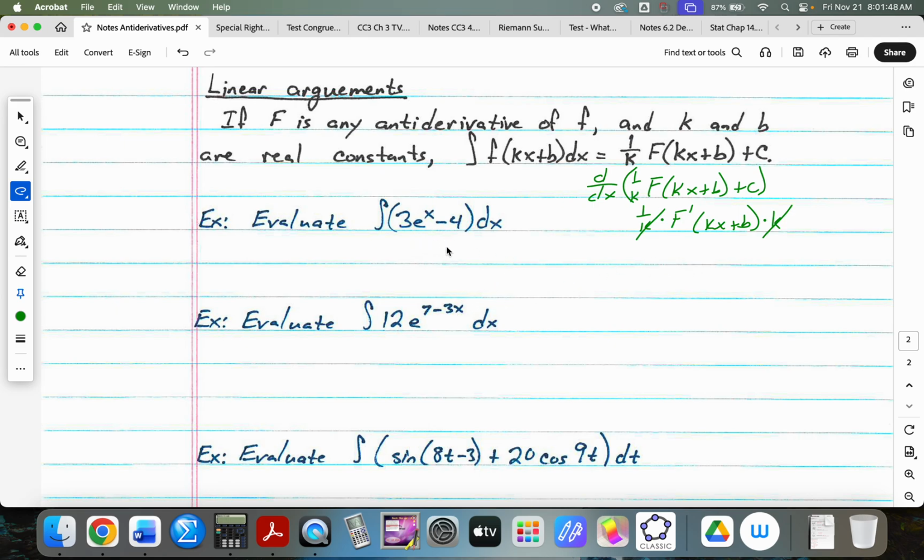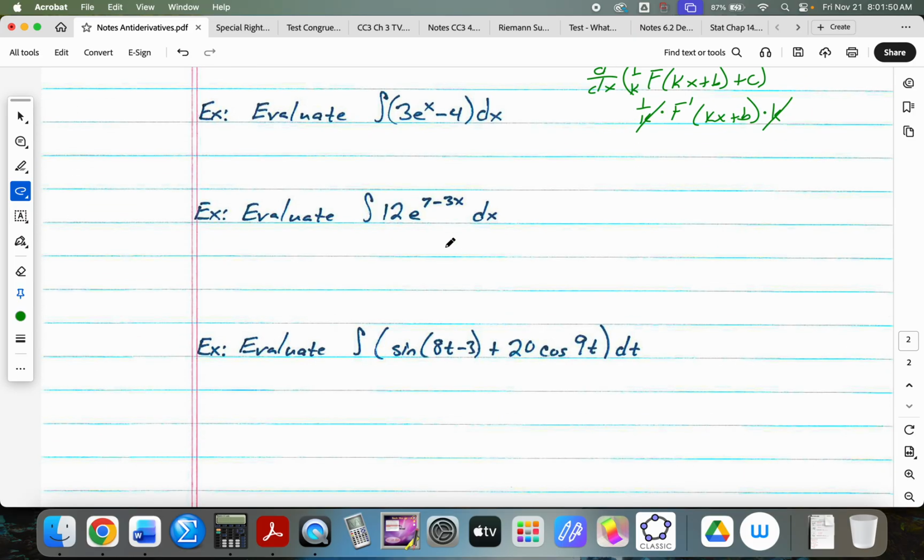Okay, so let's do a few more examples. Here we want to evaluate the integral of 3 e to the x minus 4. What's an antiderivative of 3e to the x? It's not a trick question.